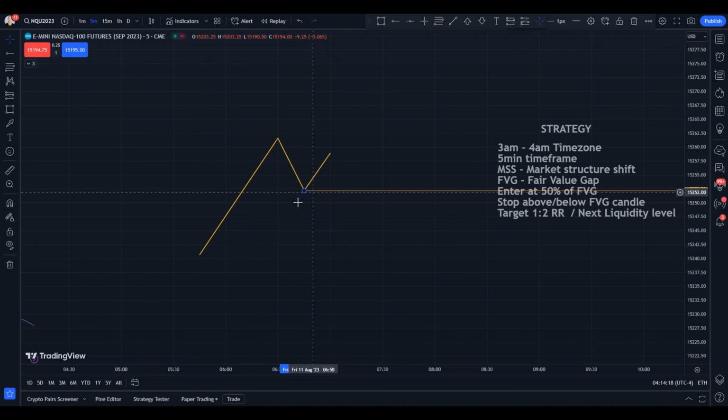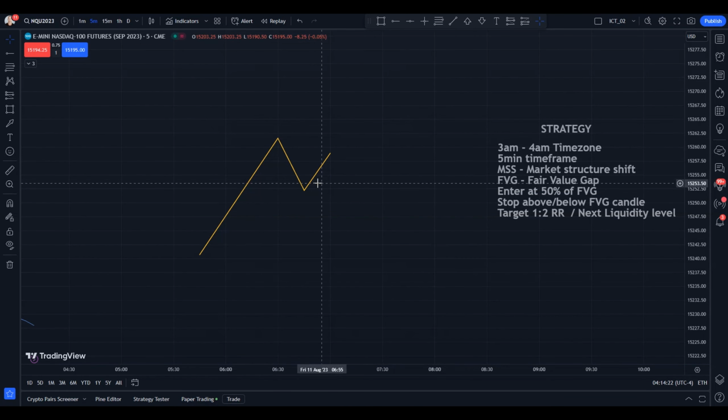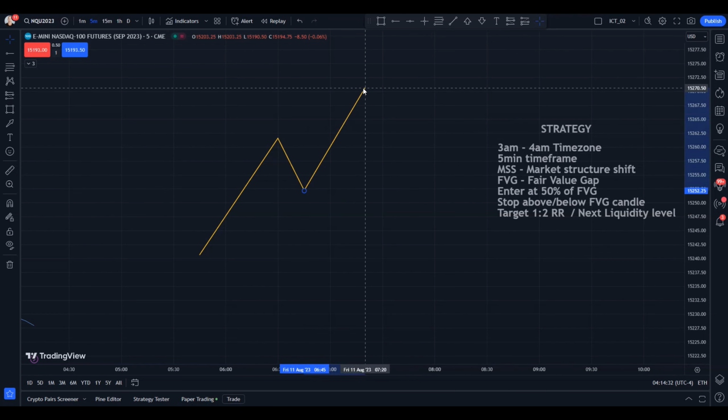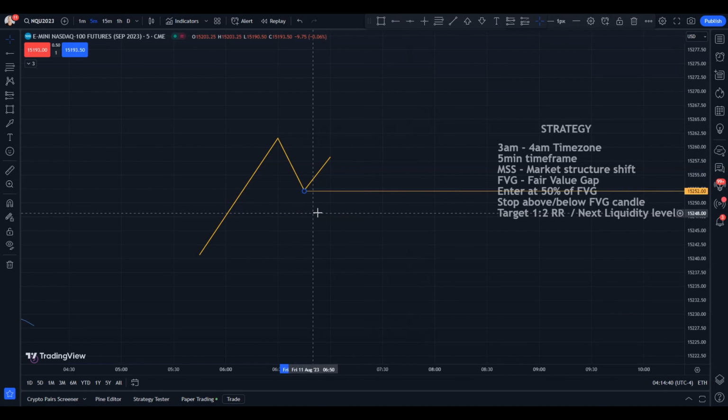If we still look at this, it is in an uptrend, so there's no way we're going to try to short it on this structure, because it can continue higher and continue the trend upwards. That's the first thing we need to look at, the market structure shift level, basically.